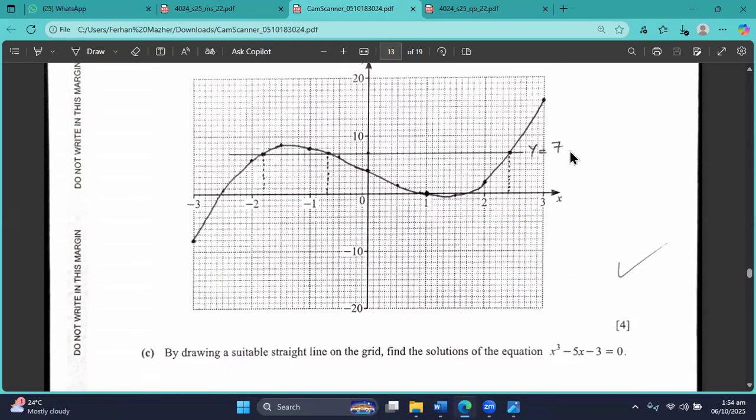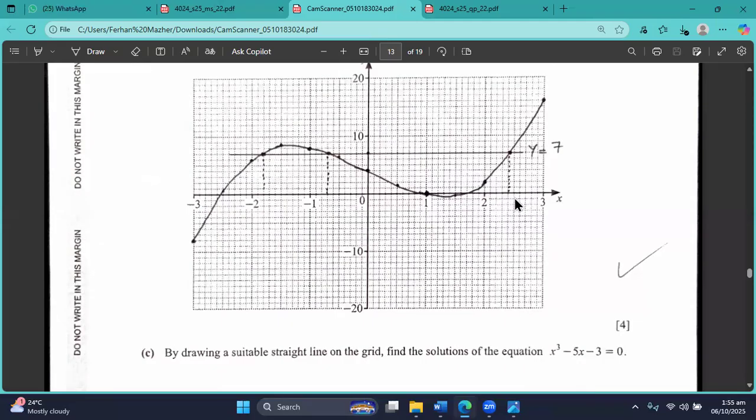This line I have drawn. It cuts my graph in 3 places. So at each point of intersection, I will check the value of x. Here I have minus 1.8 something, okay, or this is minus 0.